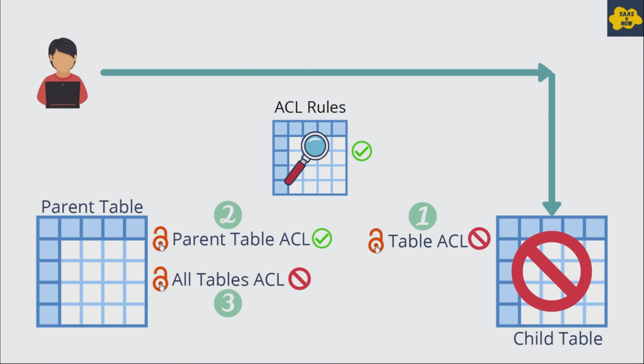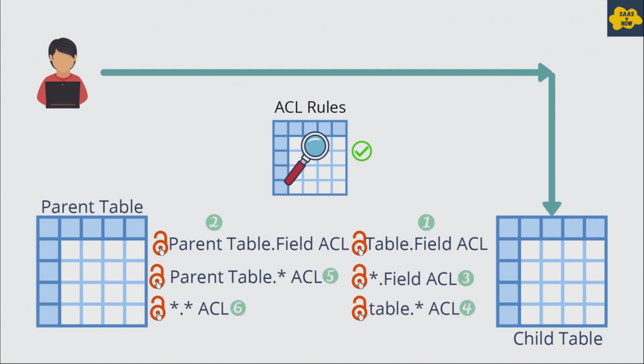Now, as of now, data is still not presented to the user because the system is still processing the whole evaluation in the backend. Once table evaluations are done, then system will look for field level ACLs and it will evaluate field ACLs, and that is also in sequence.